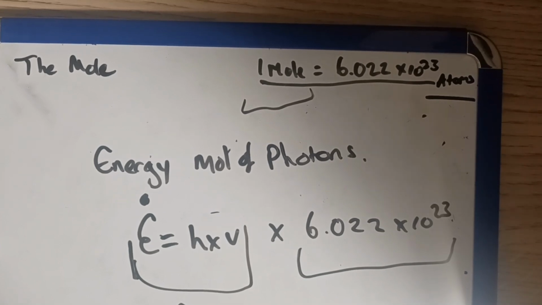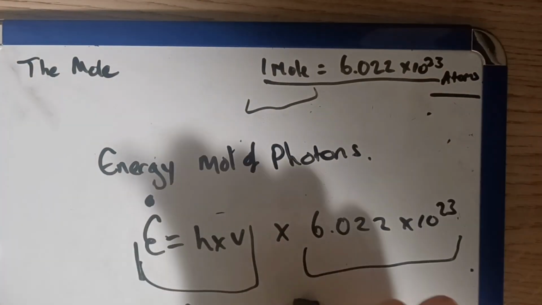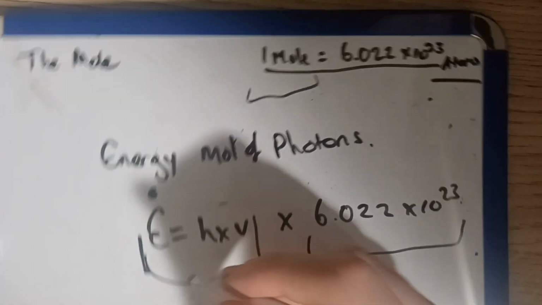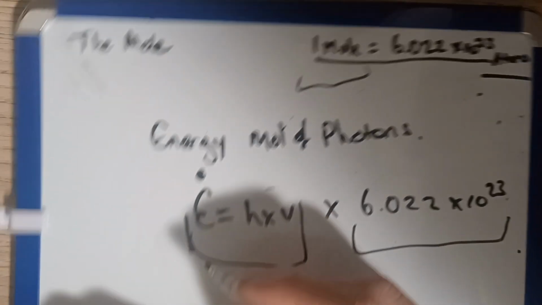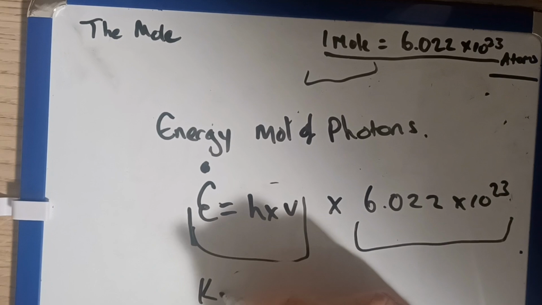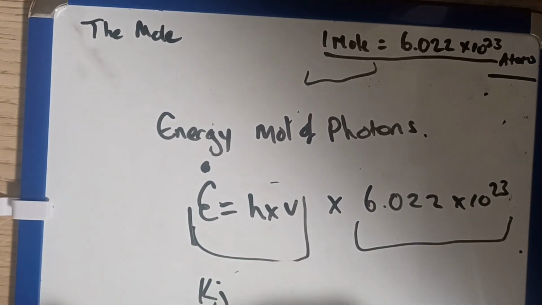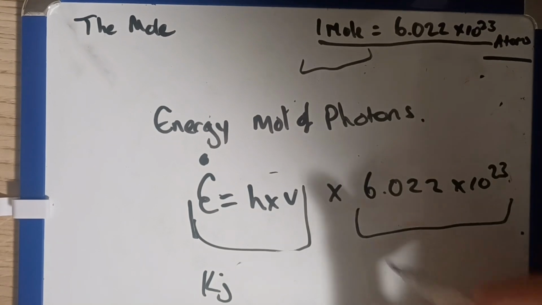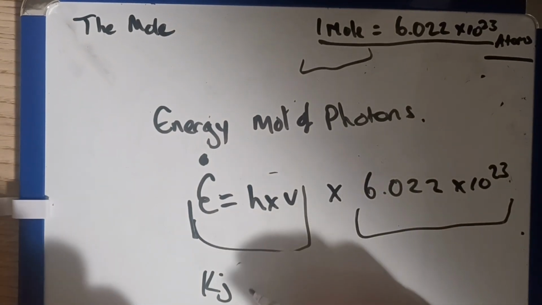And the units of this are in kilojoules per mole. So our energy would be in kilojoules as normal. Standard unit for energy is kilojoules, and then per mole.